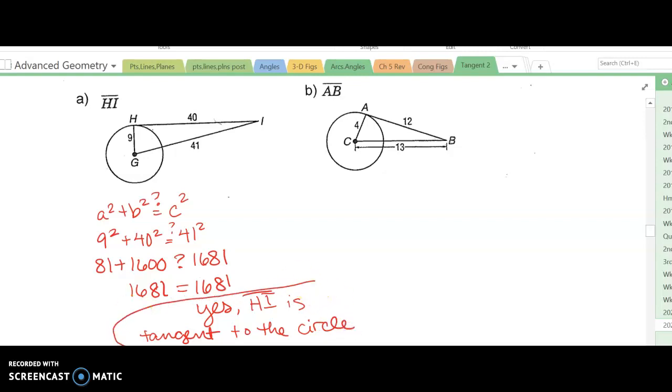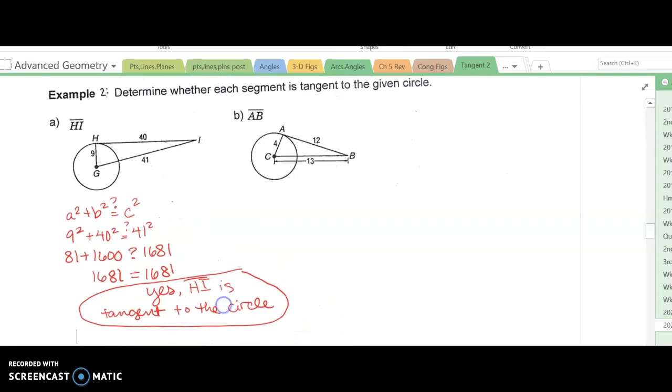Okay, so let's make part B a you try. So pause the video and see if you can decide if 4 squared plus 12 squared, does that equal 13 squared? So make sure that you're putting 13 in the c spot because it's the biggest number. The biggest number always has to go in the c spot.